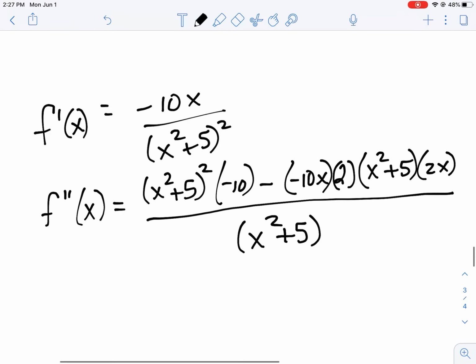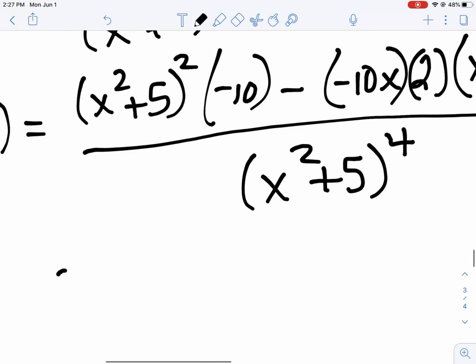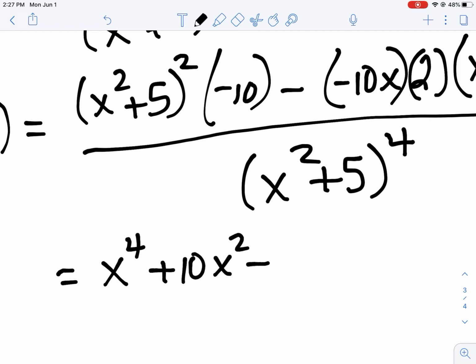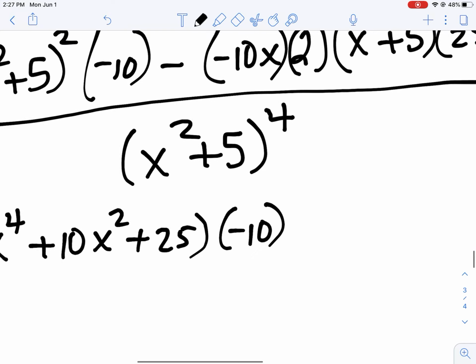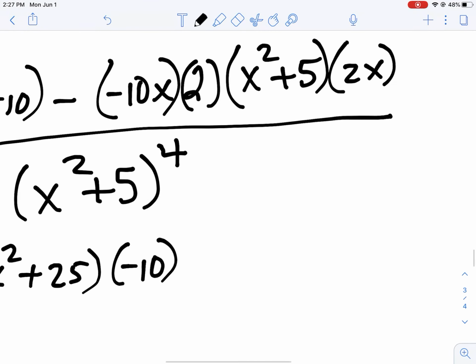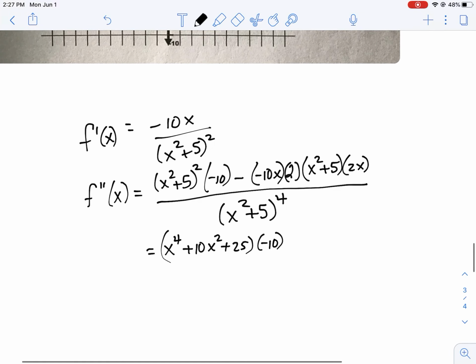If I had to do this, I'd probably multiply this out and get x to the 4th plus 10x squared plus 25 times negative 10. This is going to be really ugly, and so on. I don't want to do it anymore, it's too messy.